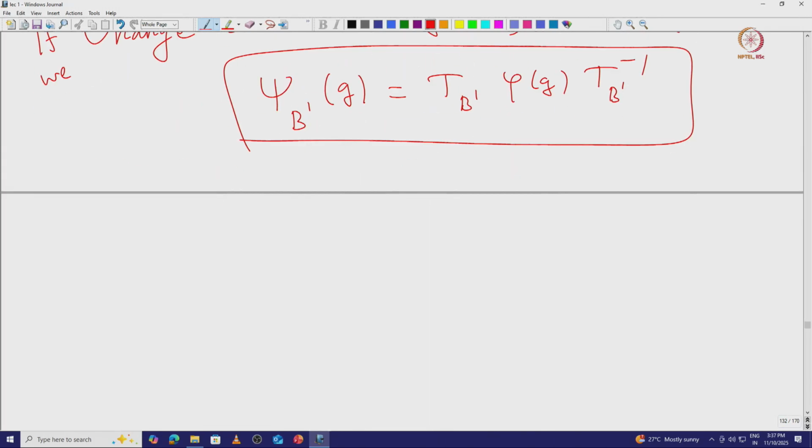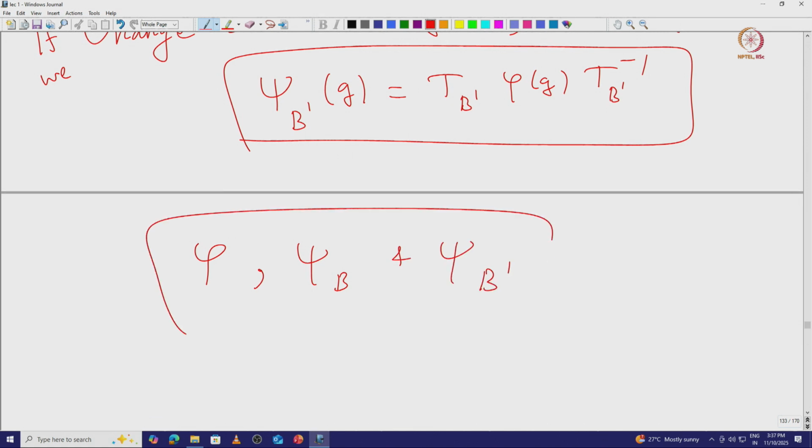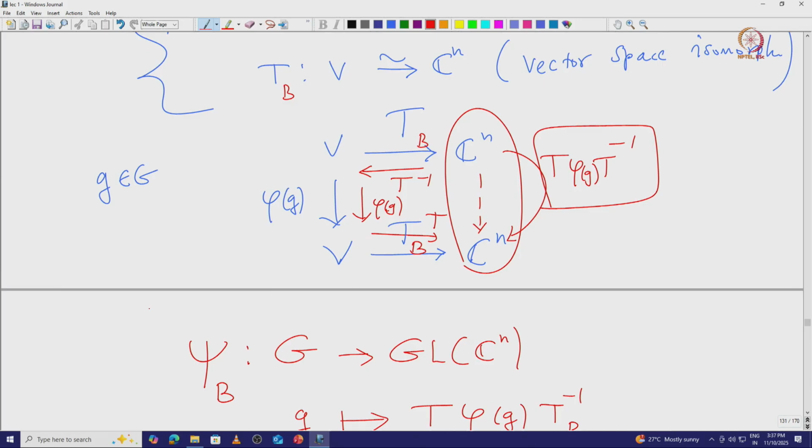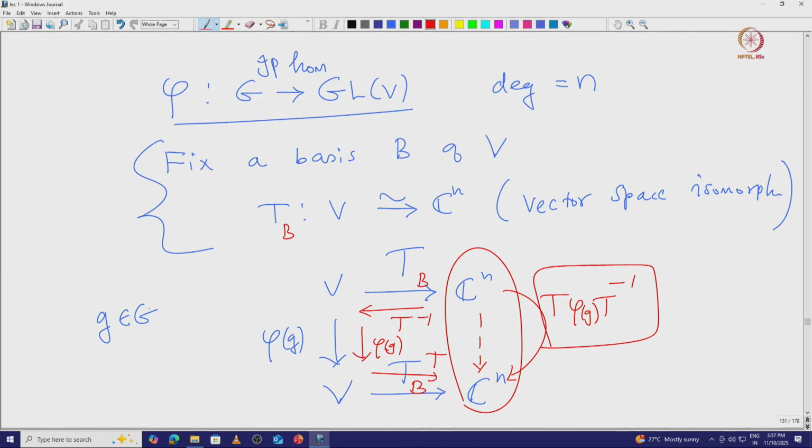But this phi, this xi b and xi b dash, in a way they are all the same. Only the way in which the group element g acts is very explicitly given in terms of the basis.